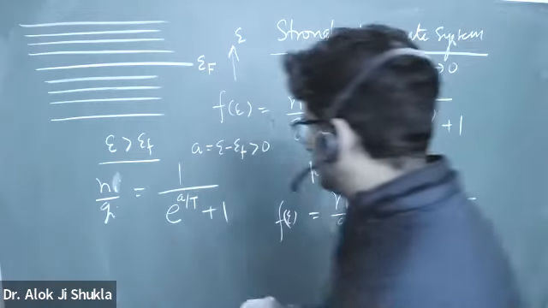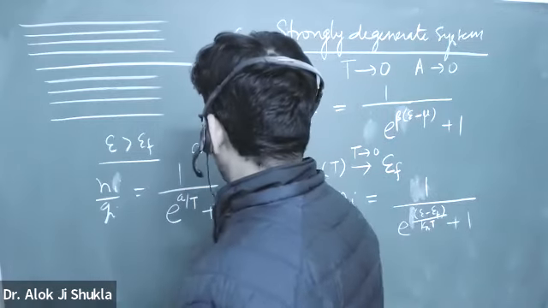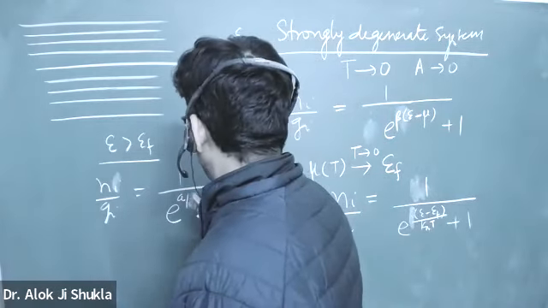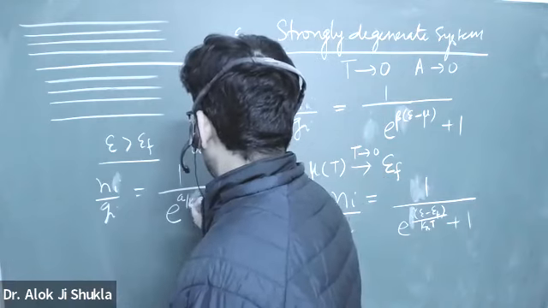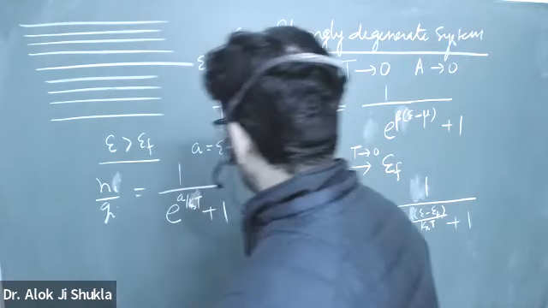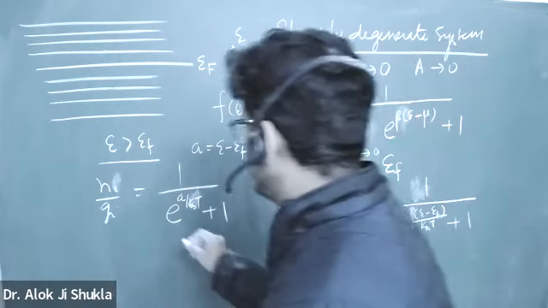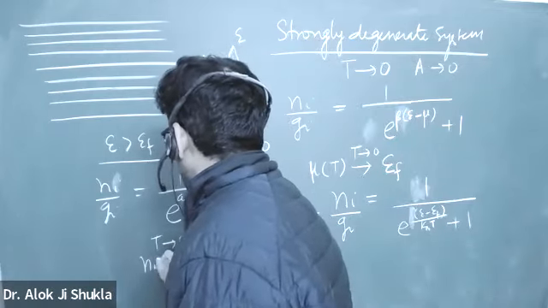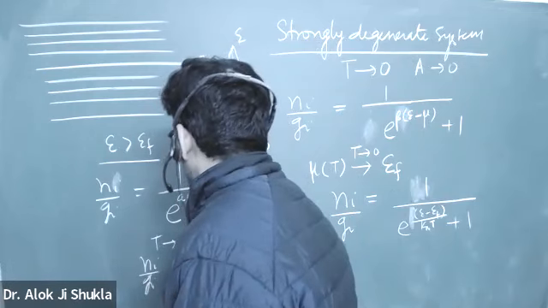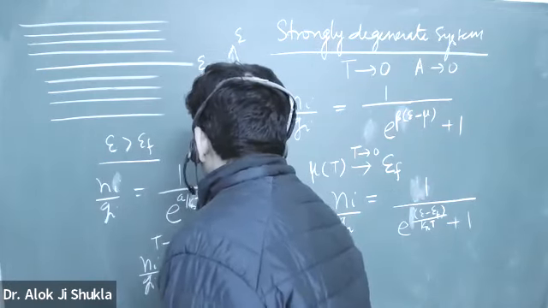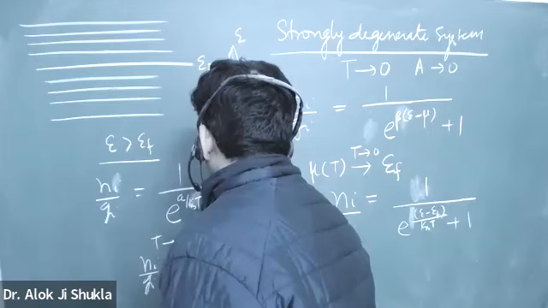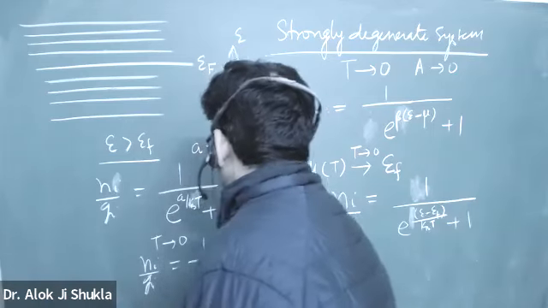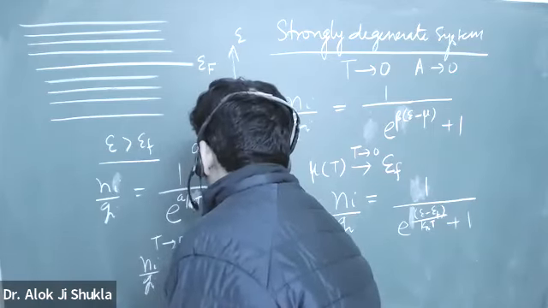And since T is very small, I can write Ni by Gi is equal to 1 upon e to the power infinity plus 1, which is 0. So that means Ni is equal to 0.